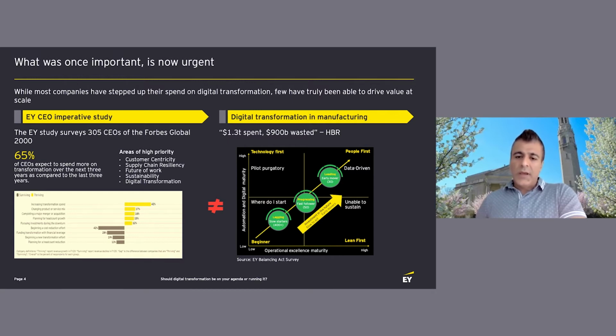What's interesting is 50 of them are stuck in what we call pilot purgatory. They jumped in to implement digital technologies and experiment with them without really having a clear vision and strategy tied to clear business outcomes linked to their corporate strategy, and have been unable to scale their digital transformation efforts.